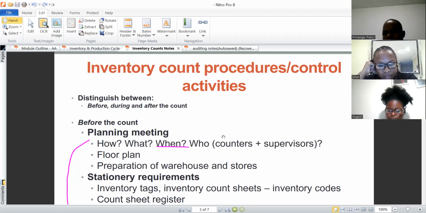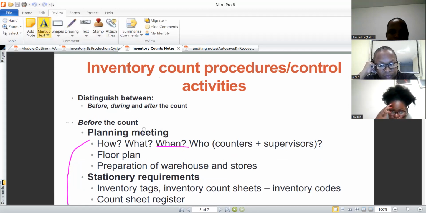When you look at inventory count, there are just a few important things I feel you need to know. Number one, inventory count is structured in 3 steps. There's what we call before the count, there's what we call during the count, and there's what we call the after the count stage. That's how inventory counts are performed.